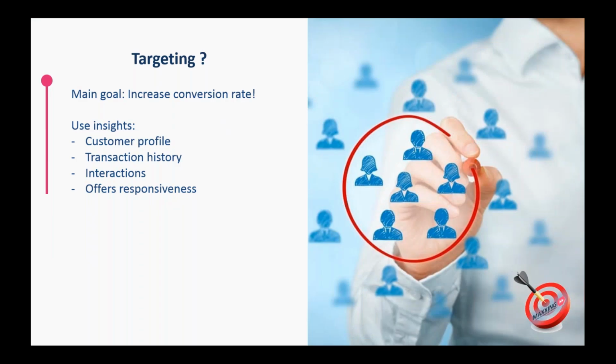What is targeting, which is the next question, and what are the goals of targeting? First, the definition: a target market is the specific group of people you want to reach with your marketing message. Quite obvious, but I just want to repeat it.